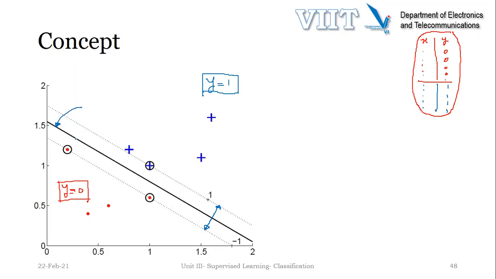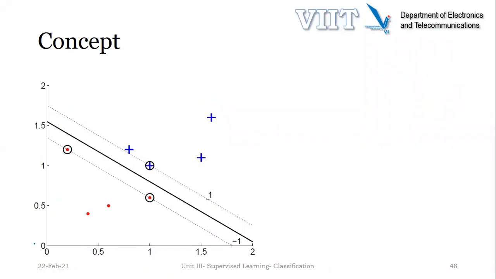Suppose my classification boundary is like this. Let me draw it. Assume that this is a straight line. So this is the classification boundary. What will happen with this classification boundary? Look at this.